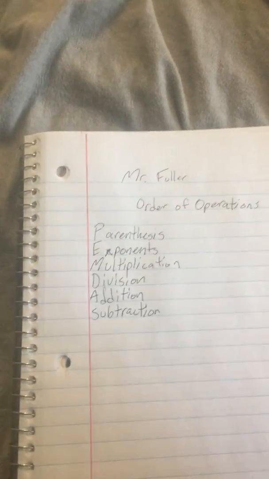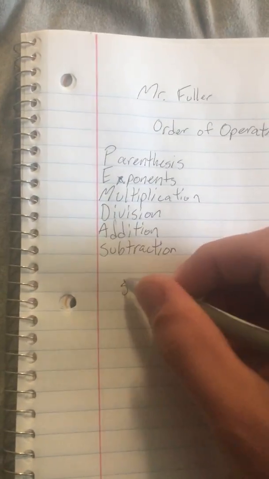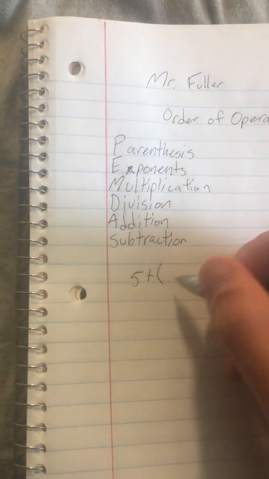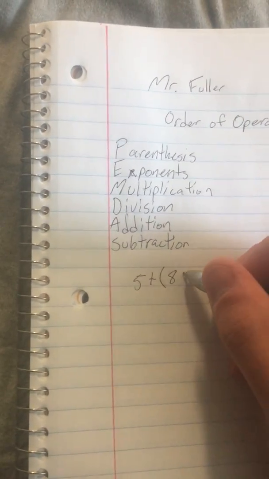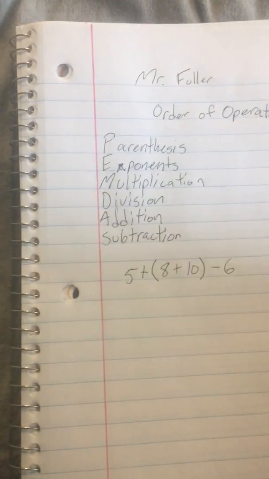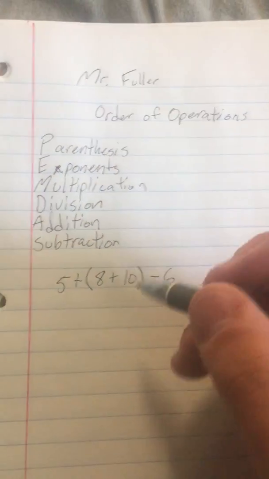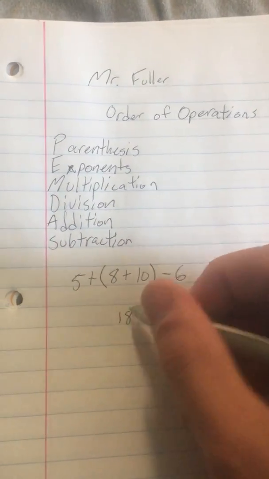So let's try out an equation right now. Let's go 5 plus parenthesis 8 plus 10 parenthesis minus 6. So parentheses are here, so we do parentheses first. 8 plus 10, 18.